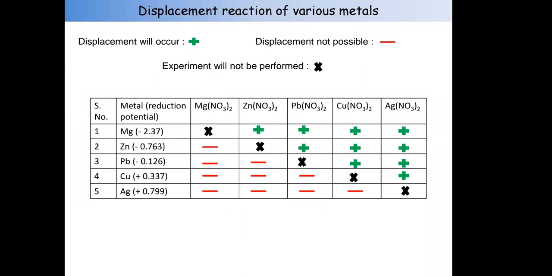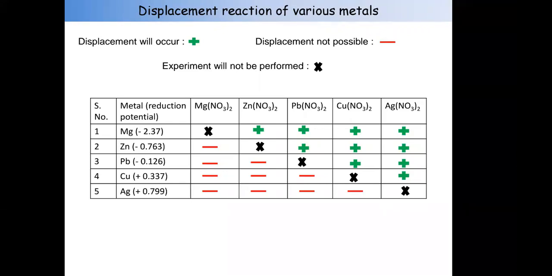Here, in a tabular form, you can see the ability of the different metals towards displacement reaction. We have taken 5 nitrate salts: magnesium nitrate, zinc nitrate, lead nitrate, copper nitrate, and silver nitrate.